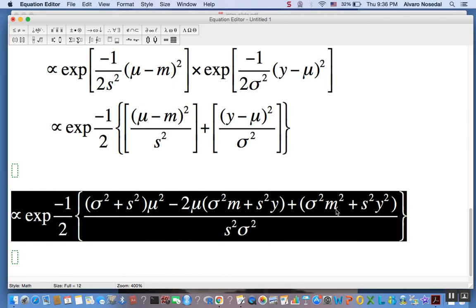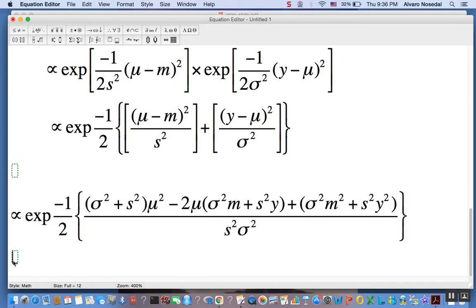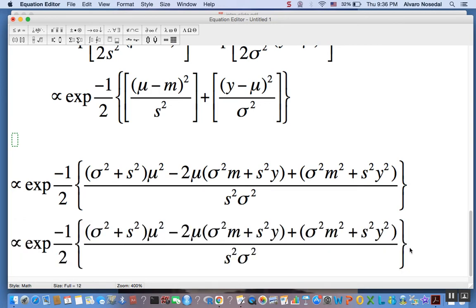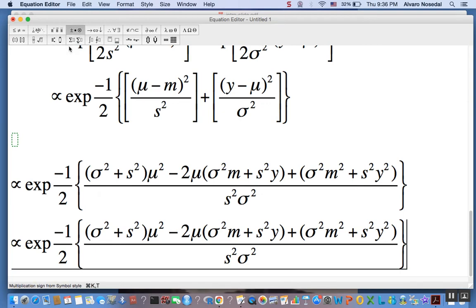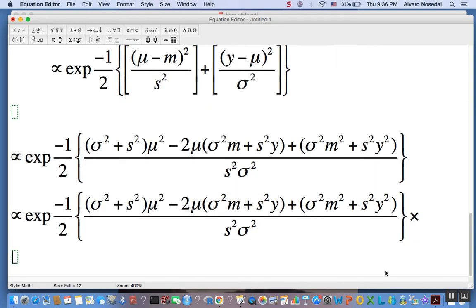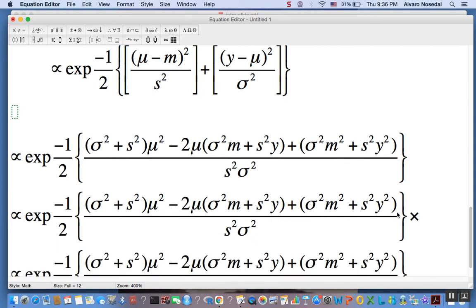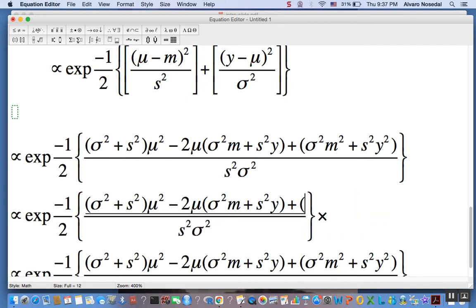So this is the same as the product of the following two exponentials. That times this. Okay, so for this one we get rid of the last term, right?